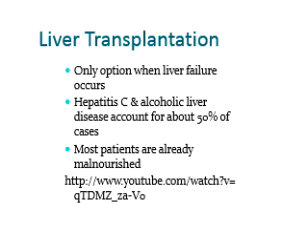When liver failure occurs, liver transplantation is going to be the only option. Hepatitis C and alcoholic liver disease account for about 50% of cases for people who need a liver transplant. Most patients are already malnourished, so it's important to be nourished before going into transplant.